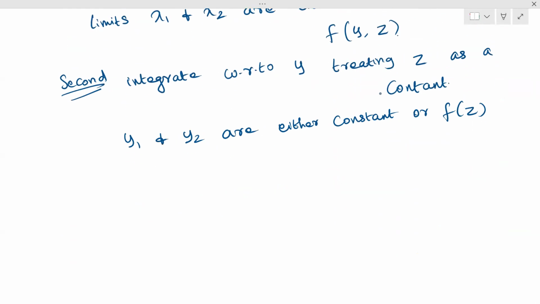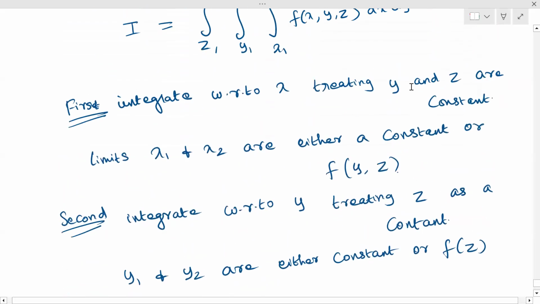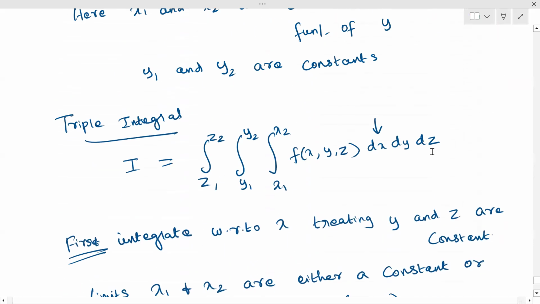See, lastly, integrate with respect to the last variable. What is the last variable here? It is with respect to z. Here, the outer integration limit z1 and z2 always be constant only.